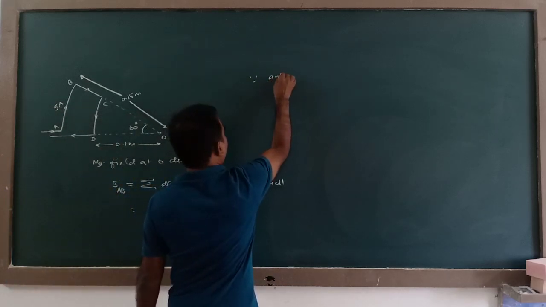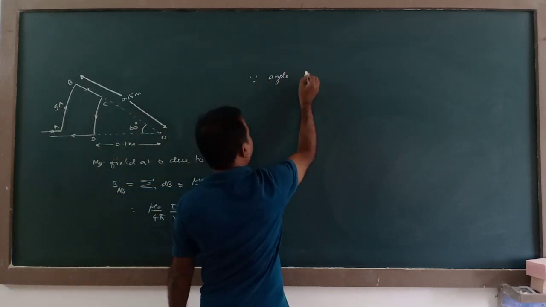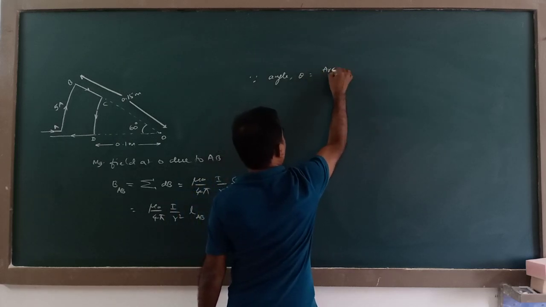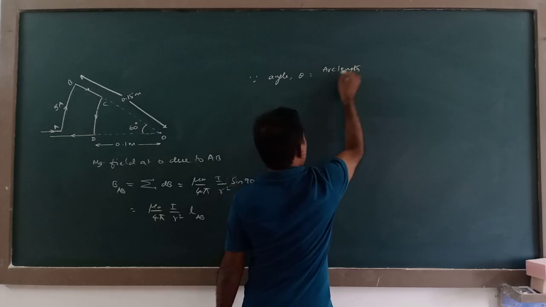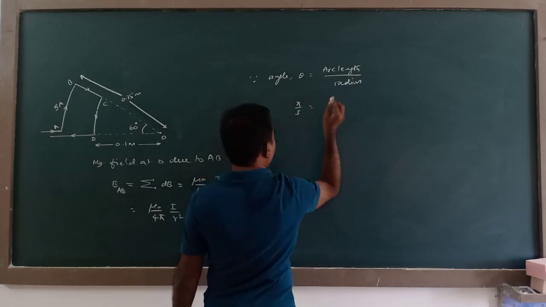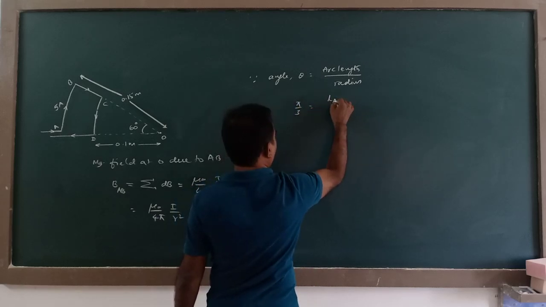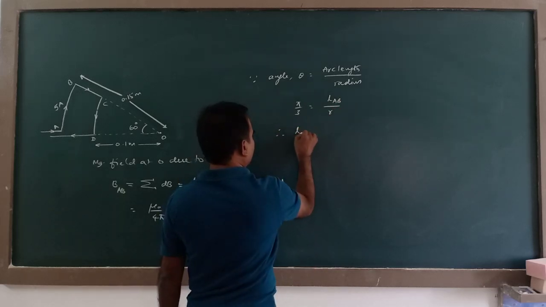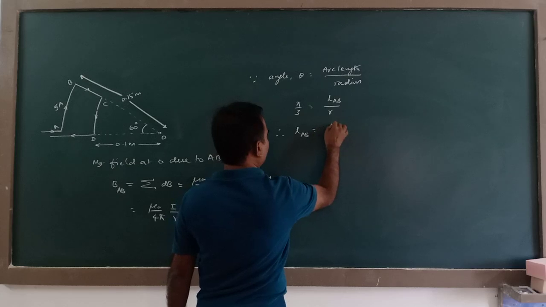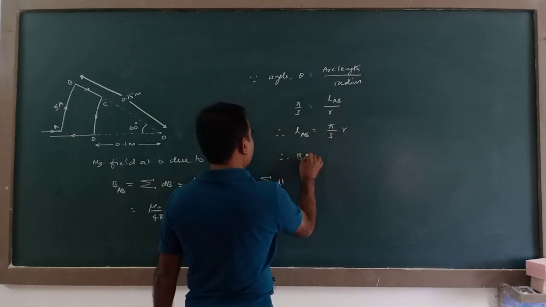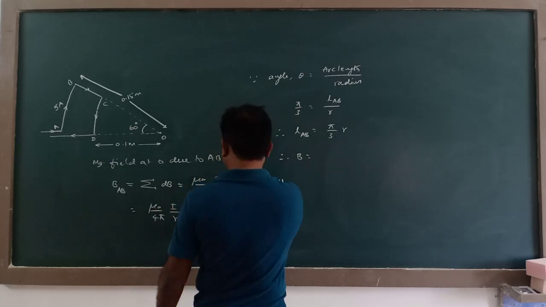Since angle theta is equal to arc length divided by radius, this pi by 3 is equal to L_AB divided by R. Therefore, this L_AB is equal to pi by 3 into R. Therefore, this B is equal to, you substitute all these values in this formula.